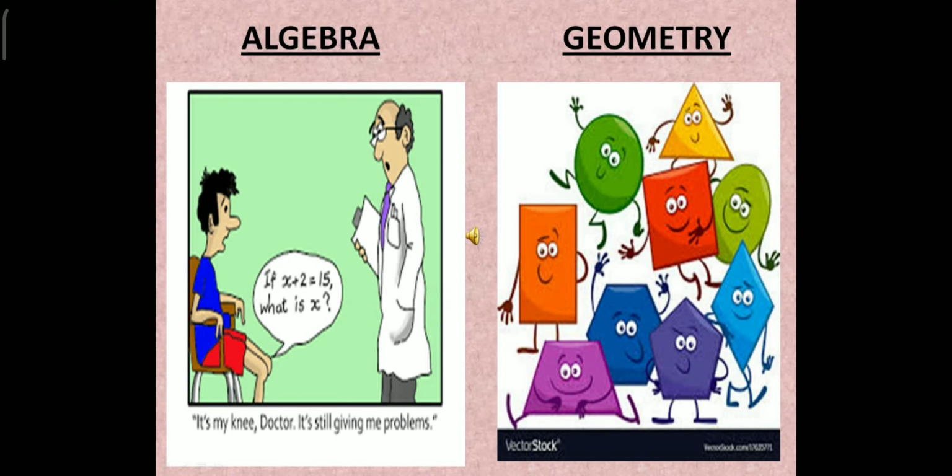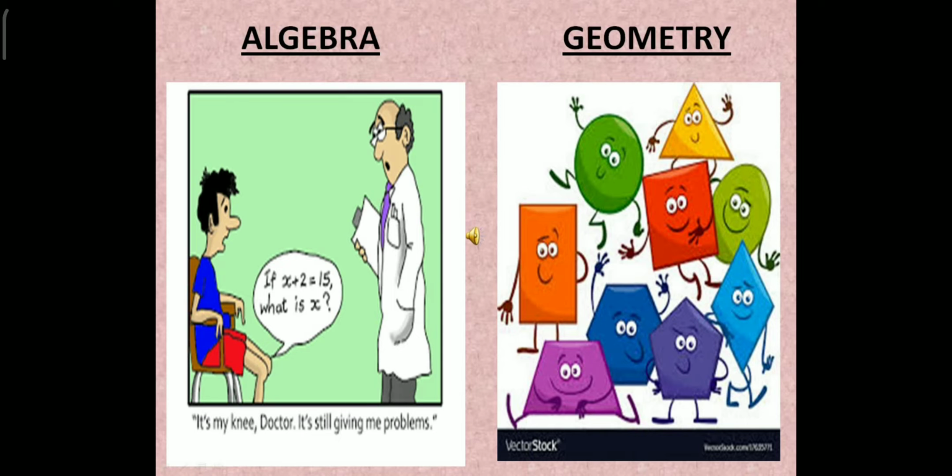The picture of algebra has a quote written below it. You just ignore that. In the middle you see it is written, if x plus 2 is equal to 15, what is x? So this is what algebraic sums look like. And the more you go to higher classes, the more complex and difficult these get.